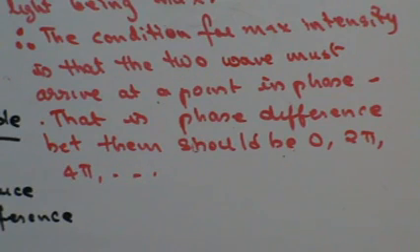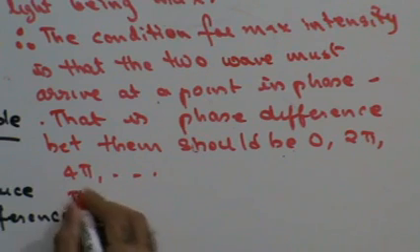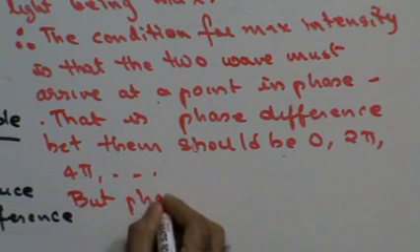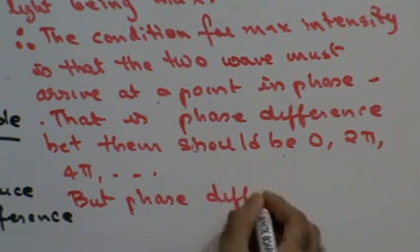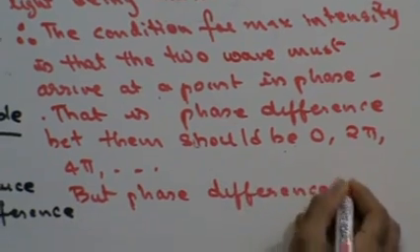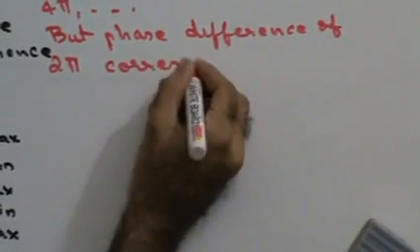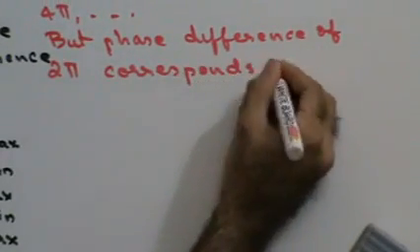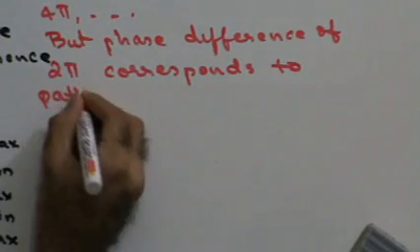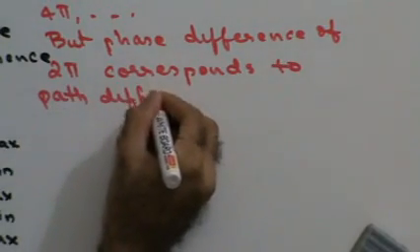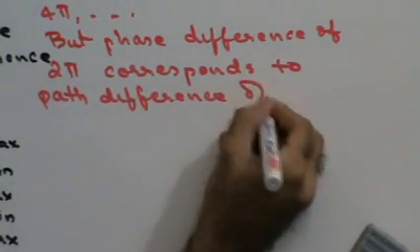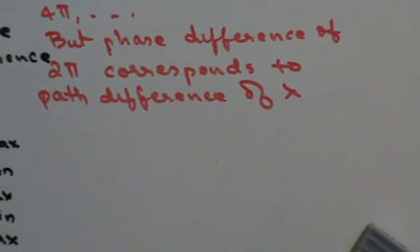Now, a phase difference of 2 pi corresponds to a path difference of lambda. 2 pi means one full wave, and one full wave means wavelength is going to be lambda, right?